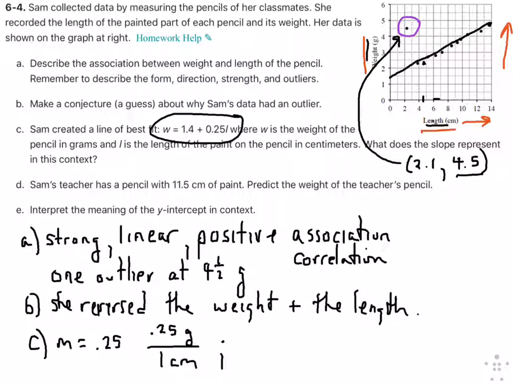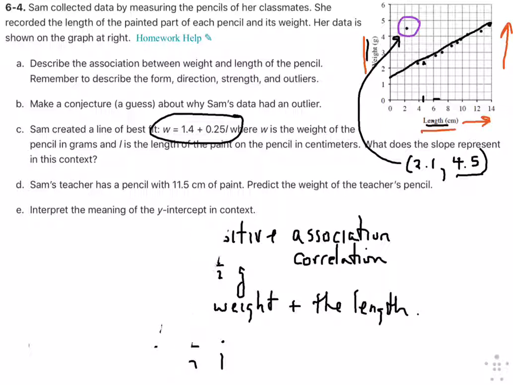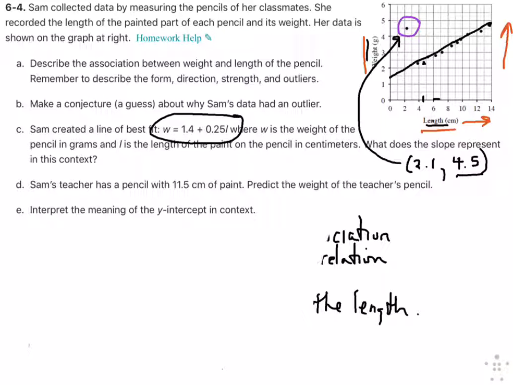Okay, and then D says Sam's teacher has a pencil. So let me make some space here. It says Sam's teacher has a pencil with 11.5 centimeters of paint. Predict the weight of the teacher's pencil. So we can use the equation.